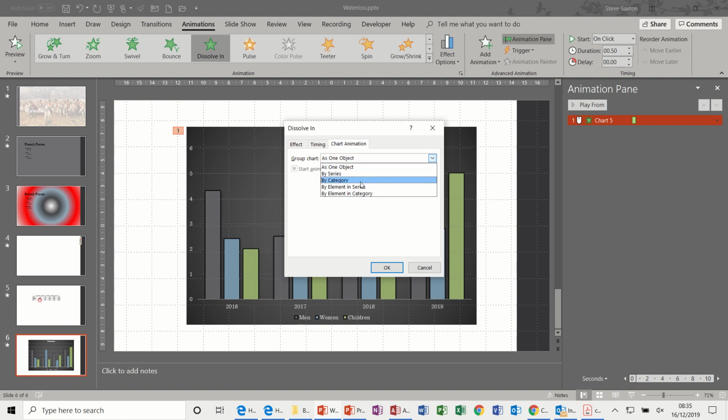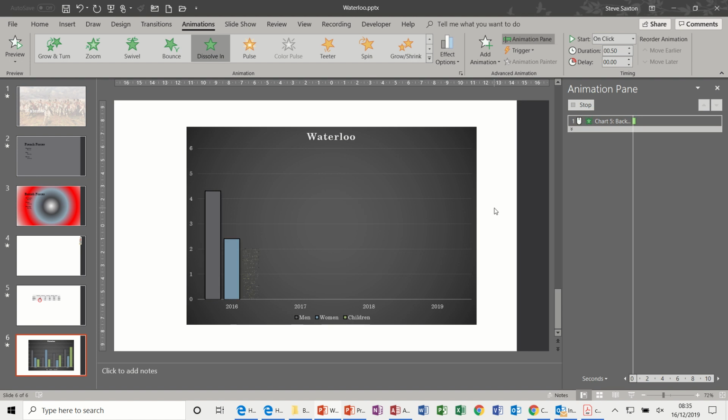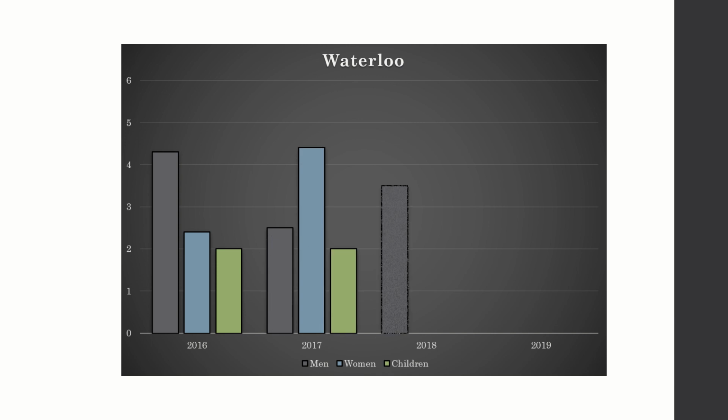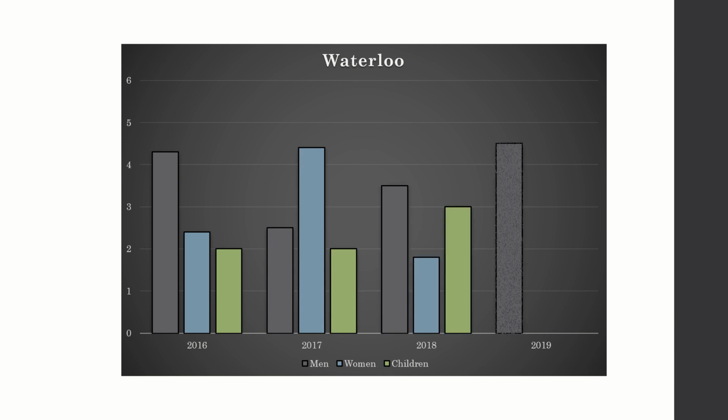Now it says chart animation, and you have these options. Select element in category, click OK, and then the chart will build up, and if you put that into full screen, that will happen on a mouse control, so you can explain each of these as the bars appear.